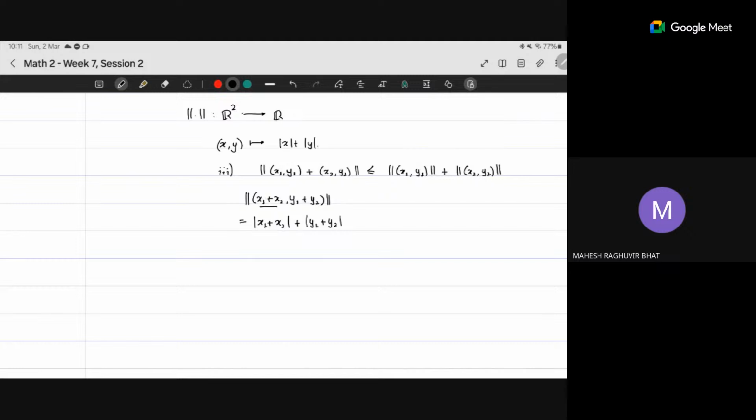This is by definition because x1 plus x2 is the first component, y1 plus y2 is the second component, and I have to take the modulus of the first component plus the modulus of the second component. On this side, I have modulus of x1 plus modulus of y1 plus modulus of x2 plus modulus of y2, right?